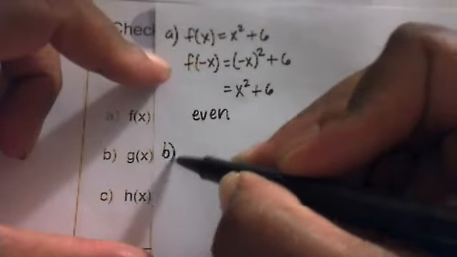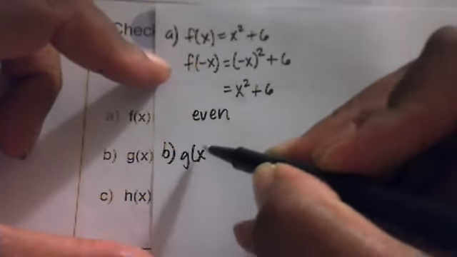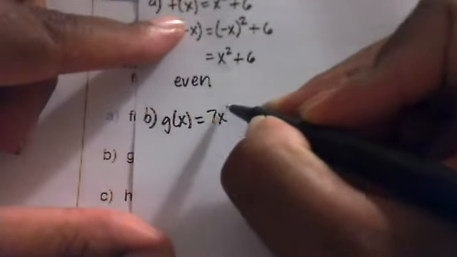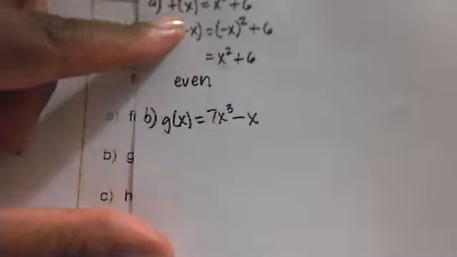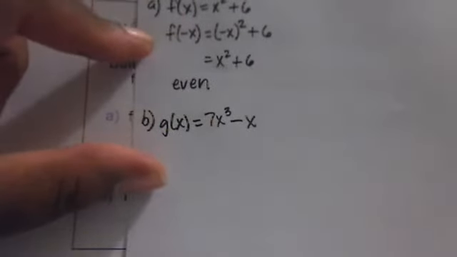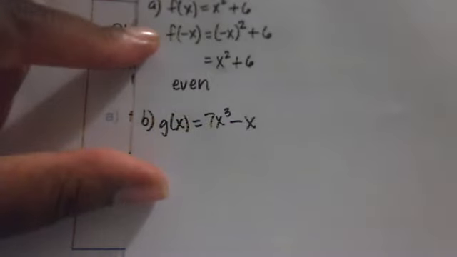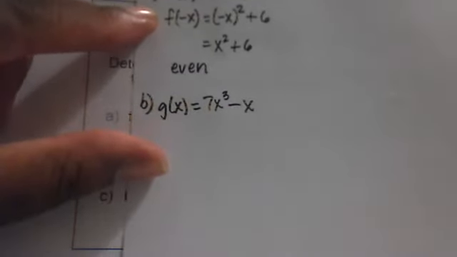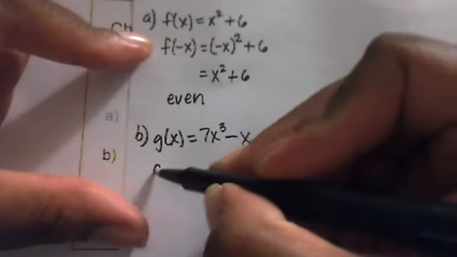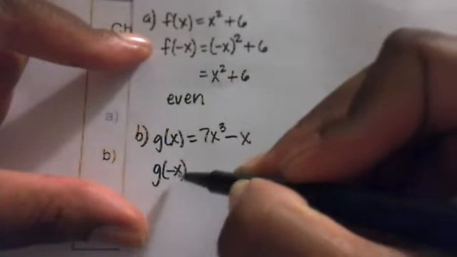Okay, now part B is g of x, and that's equal to 7x cubed minus x. I want to determine whether that function is even or odd or neither. Again, we replace the x with negative x.